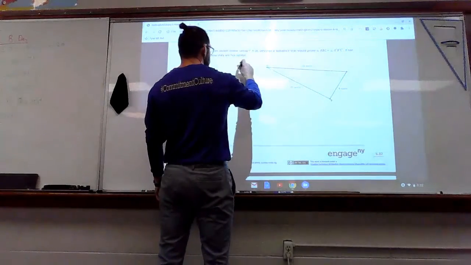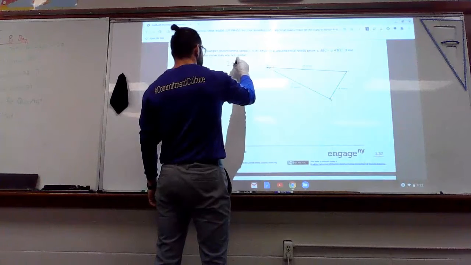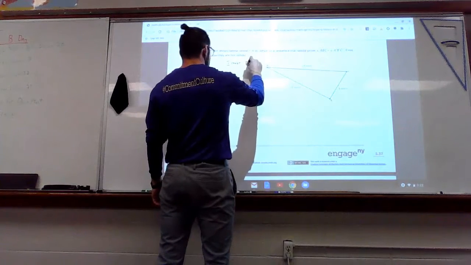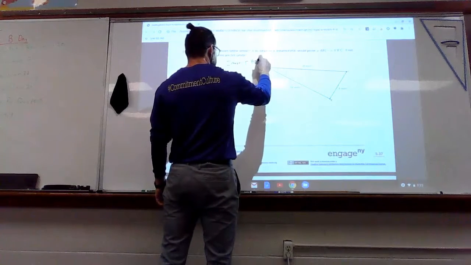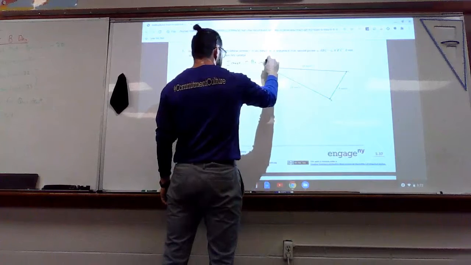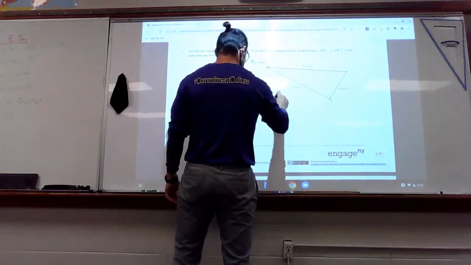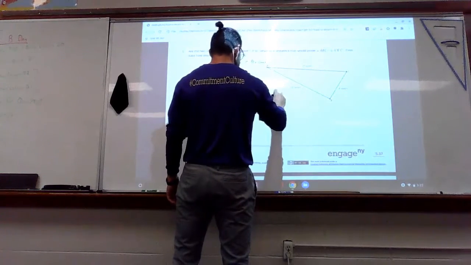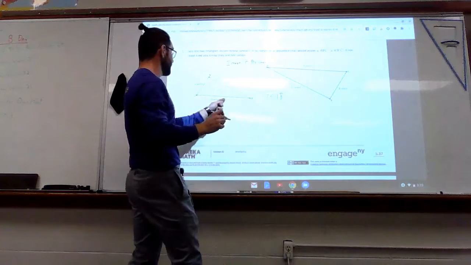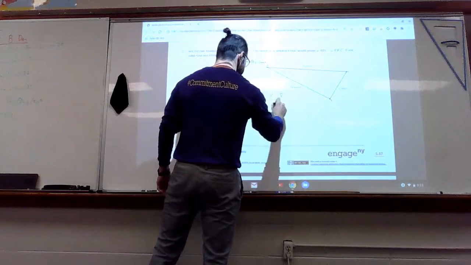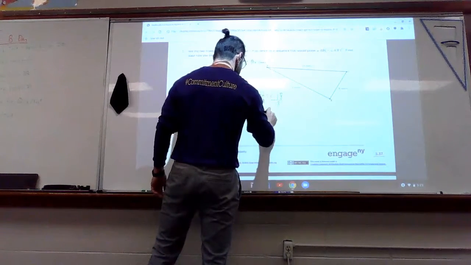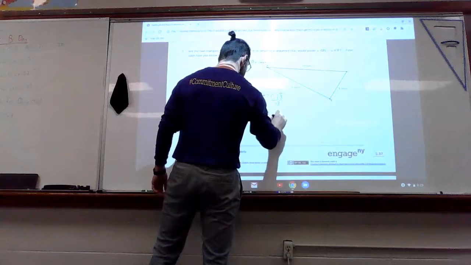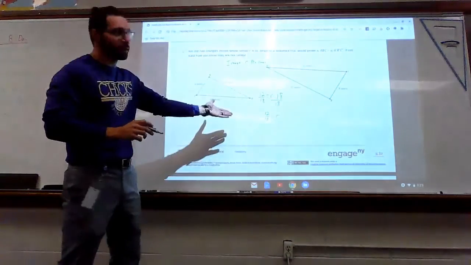So here's my original. Remember, it's image equals R, which is my scale factor, times pre-image. So my pre-image is 18. We don't know what R is. That's what we're trying to find out. And my image is 12. So I'm going to divide by 18 from both sides. So now I've got 12/18 equals R. Is this really what I want?